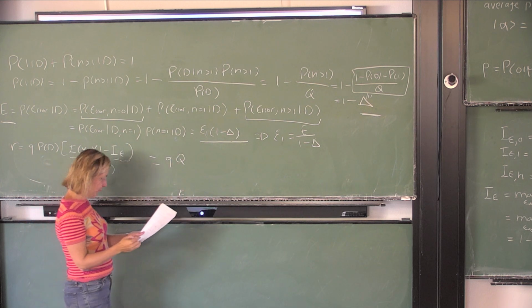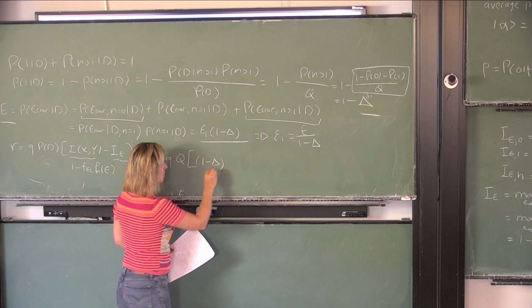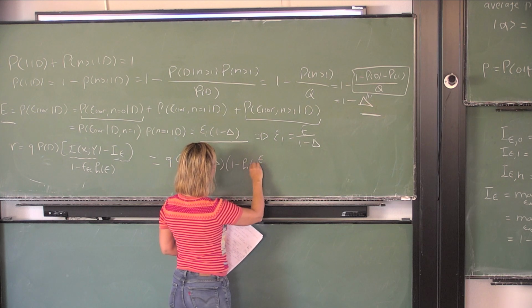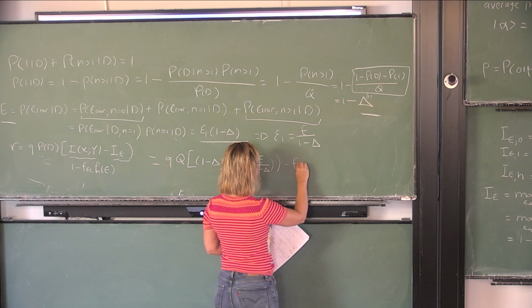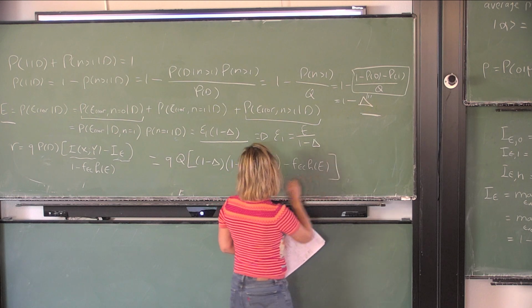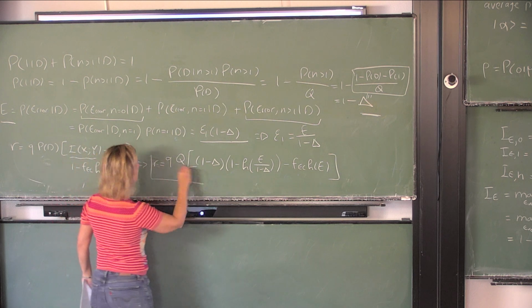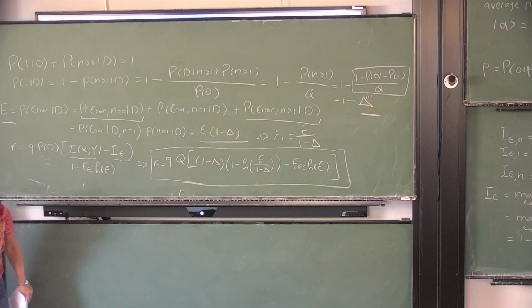I remind you, the full gain is going to be delta, and this is the full expression of the secret key rate in the case where our protocol is subject to photon number splitting attacks.